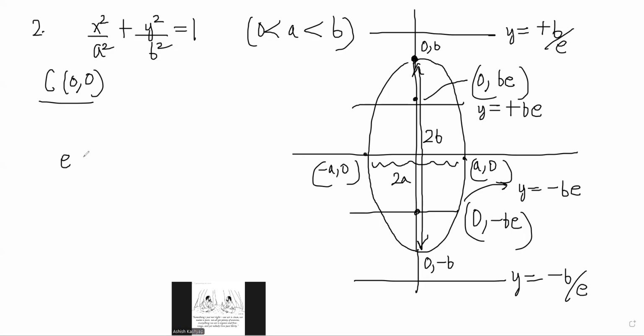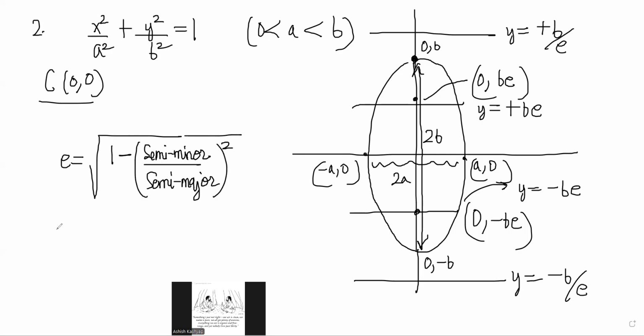The eccentricity formula will always be the square root of 1 minus semi-minor axis squared by semi-major axis squared. So here you should realize that the semi-minor axis is actually a, not b. So you will get 1 minus a square by b square here. This is the formula for eccentricity.